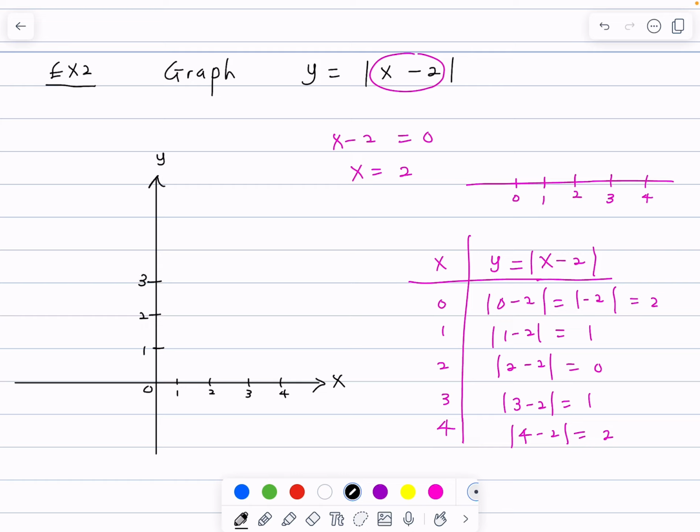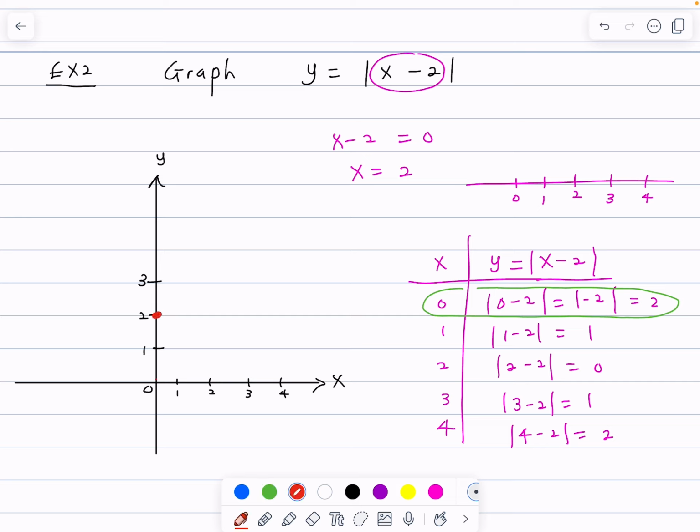Let's look at this carefully. When x is 0, my y is what? My y is 2. So when x is 0, my y is 2.